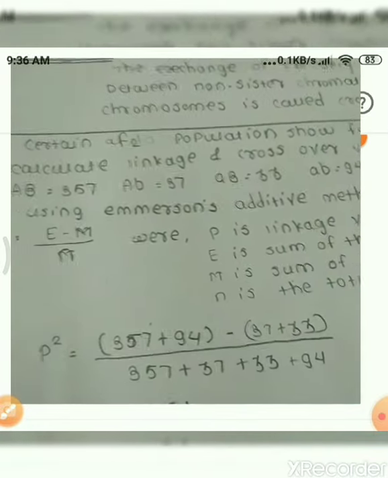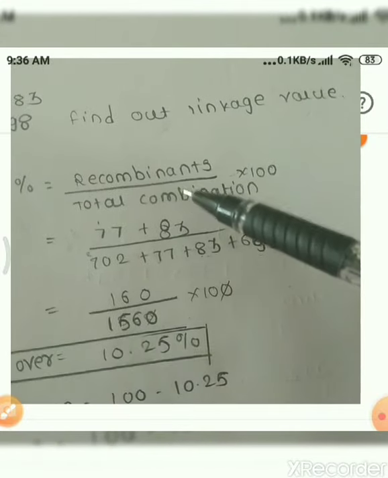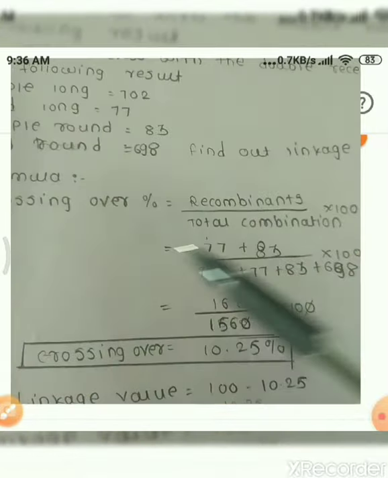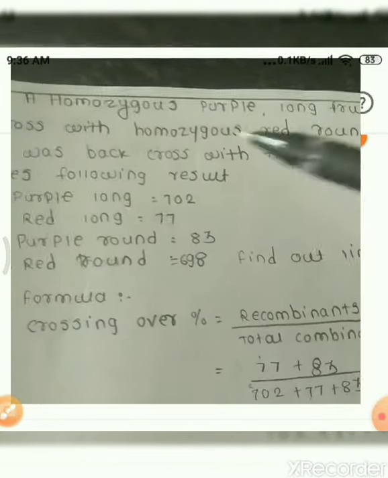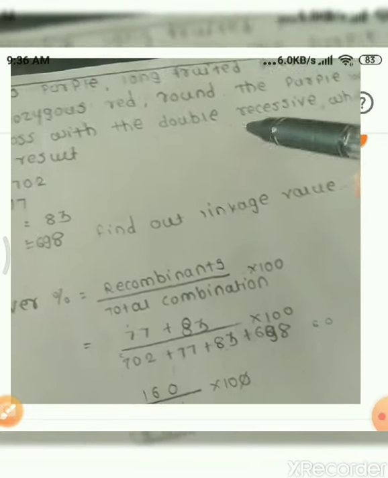Another formula that also needs to be used while solving the problems of this exercise is crossing over is equal to recombinants upon total combinations multiplied by 100. This formula needs to be used whenever in our problem there is the word back cross with double recessive parent.